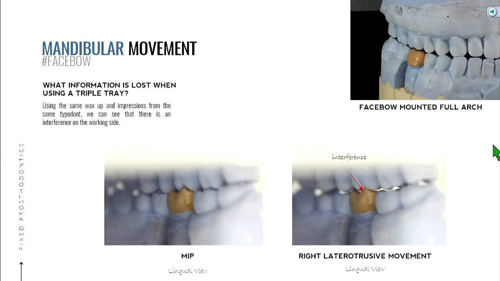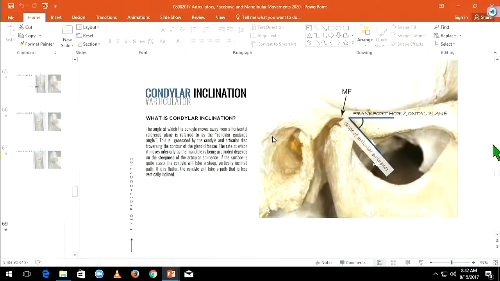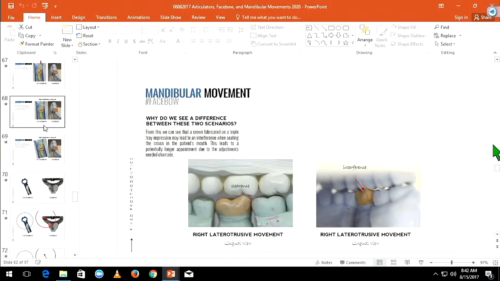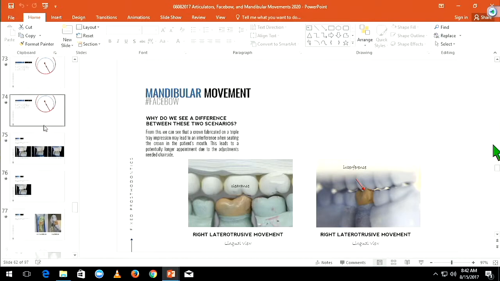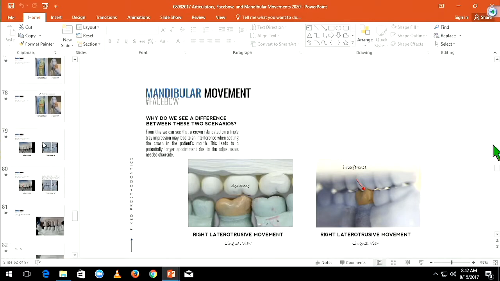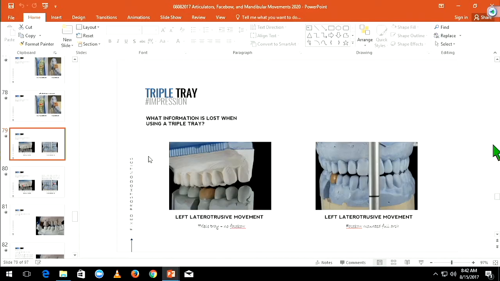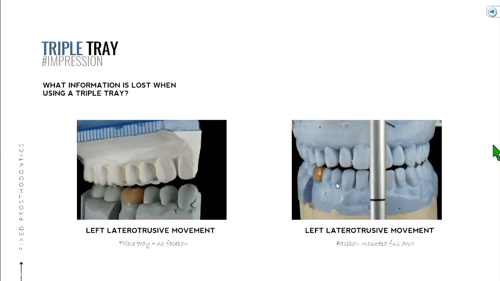The first part we just went over was this whole series of slides. The other point we wanted to point out was this here. In the non-working movement, the contralateral canine usually provides that disclusion. In this example, the left lateral excursive movement, the triple tray doesn't even have that tooth there to guide off of.